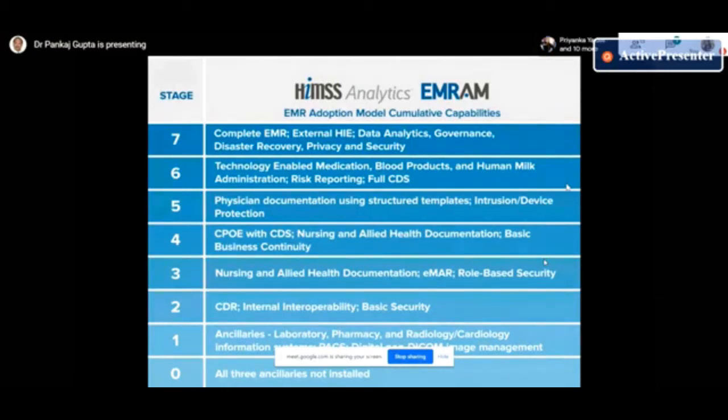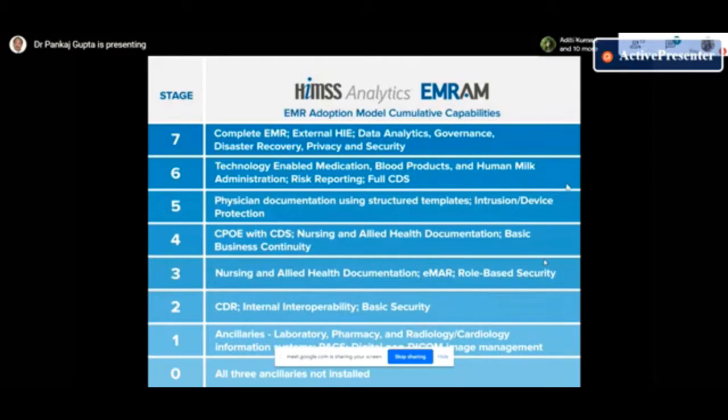It's a very well regarded healthcare IT body in the US, and they came out with this model. When you go from 0 to 7, the higher levels are stage 6 and stage 7.